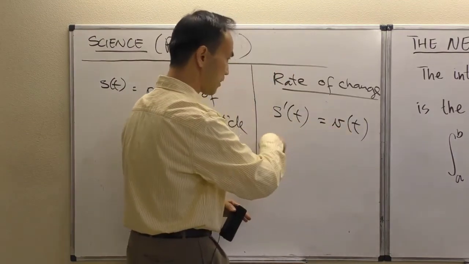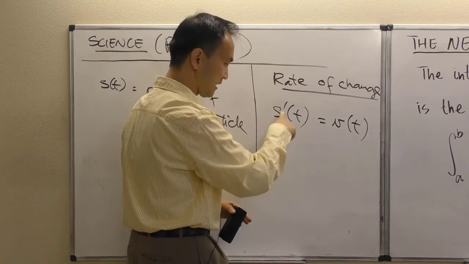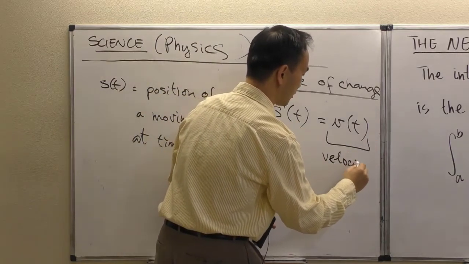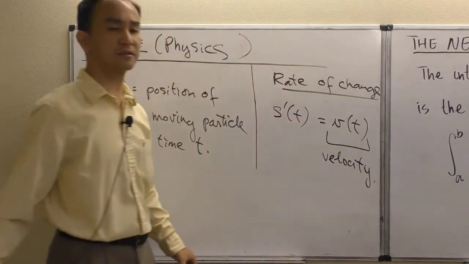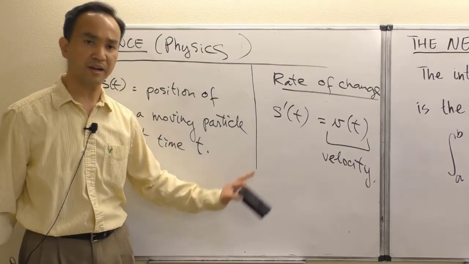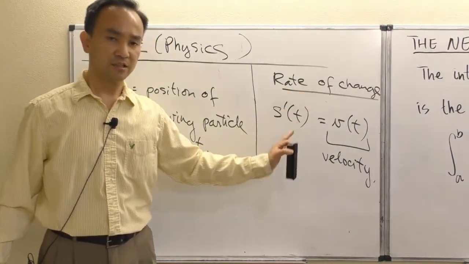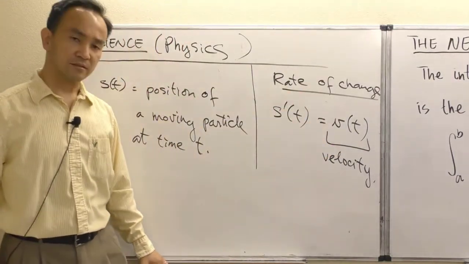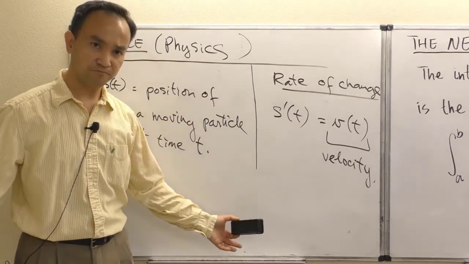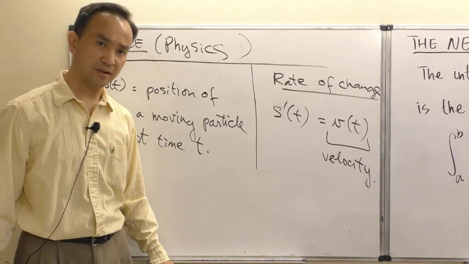So s prime of t, the instantaneous rate of change of our position, is known as velocity. I also introduced this back in differential calculus 1, pointing out the relationship between s, s prime and velocity when we learned about derivatives.